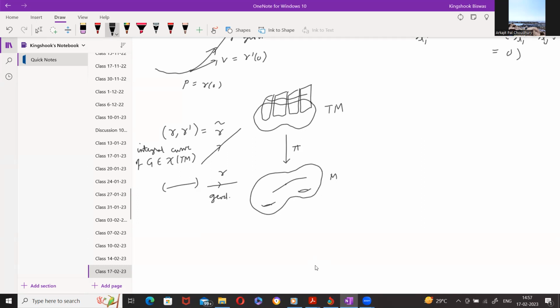Yes, sir, it is clear. Okay, all right. So now we can treat geodesics as solutions of a first order ODE, by replacing the manifold M with its tangent bundle TM.